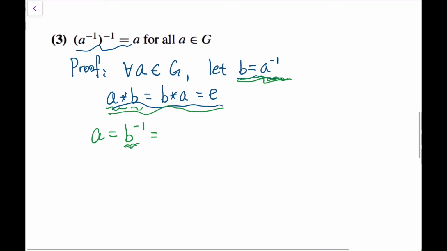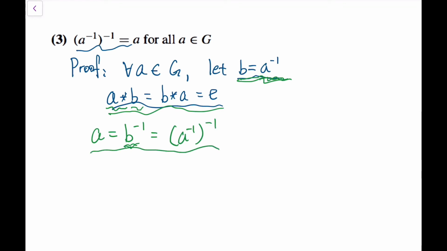We get the inverse of the inverse of A, and here we get the equation we want. So we proved this. And this property shows that if you take the inverse 2 times, you just get the original element. And also, if you take the inverse an even number of times, you also get the original element.